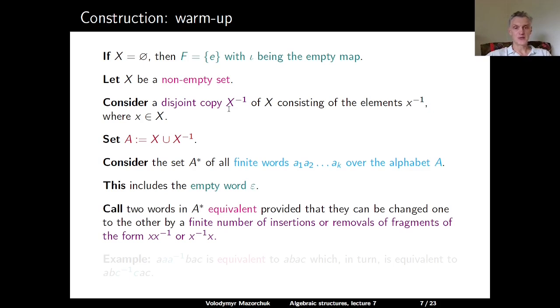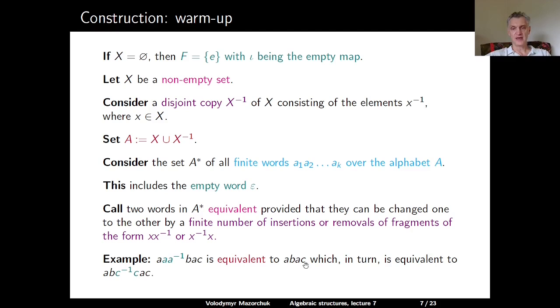Let us call two words in A* equivalent, provided that they can be changed one to the other by a finite number of insertions or removals of fragments of the form x x^{-1} or x^{-1} x, where x is an element in X. So for example, the word a^{-1}bac is equivalent to abac because we can remove a^{-1}.